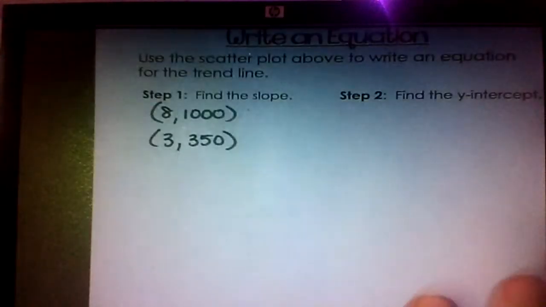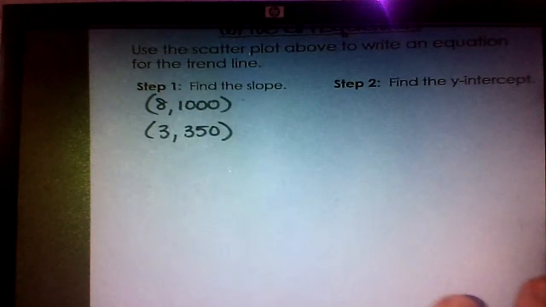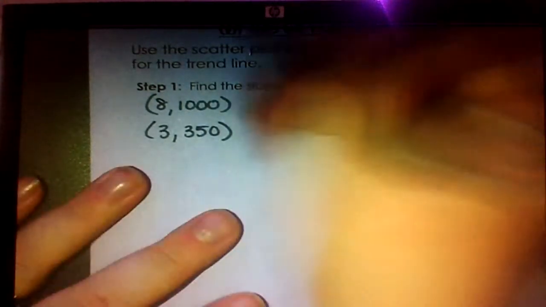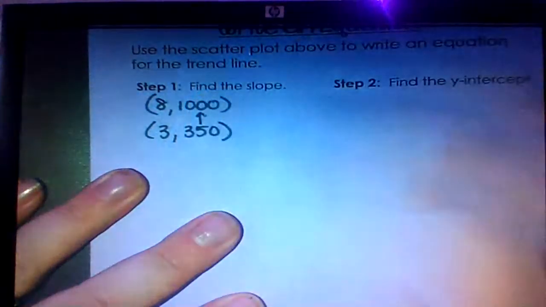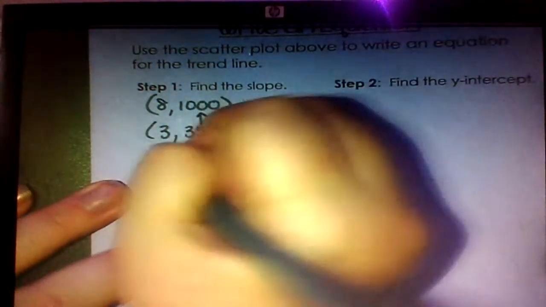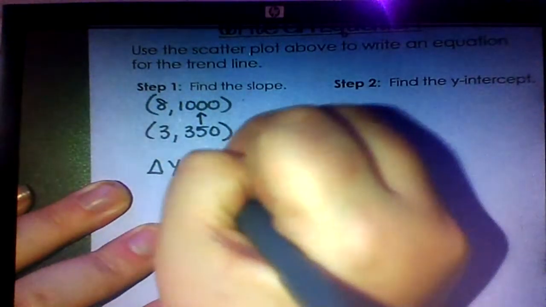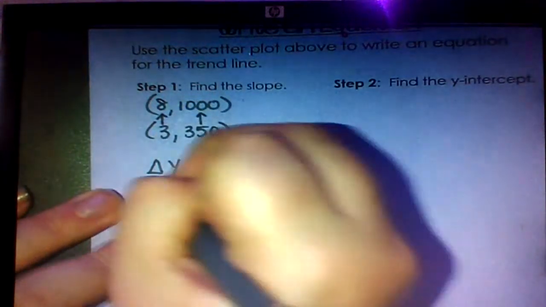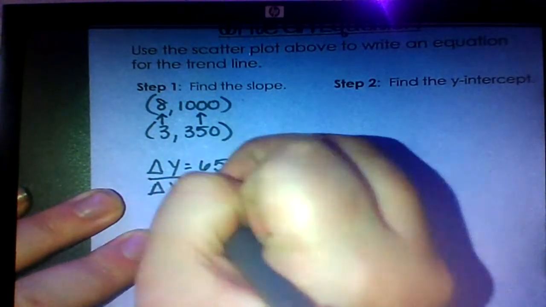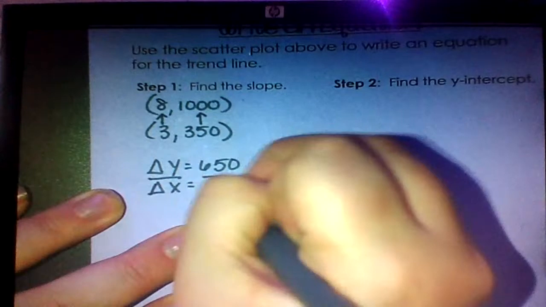Okay. So we need to use the 2 points to find the slope. So I'm going from 350 to 1,000. What's my change in y? 650. I'm going from 3 to 8. What's my change in x? 5.